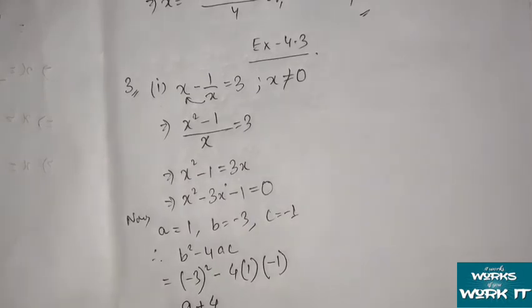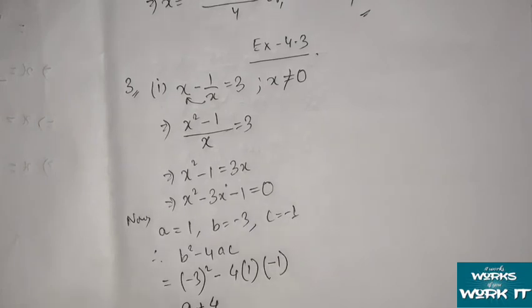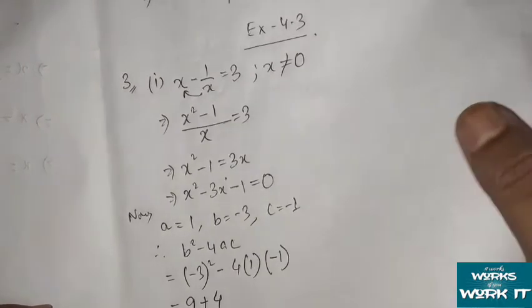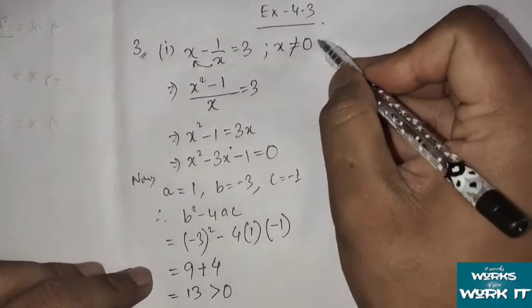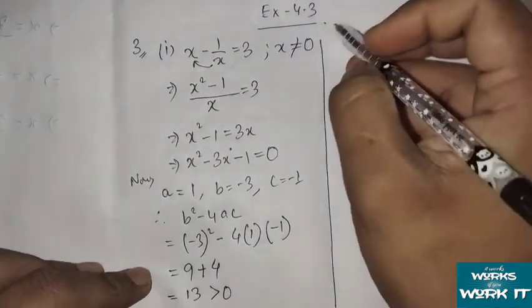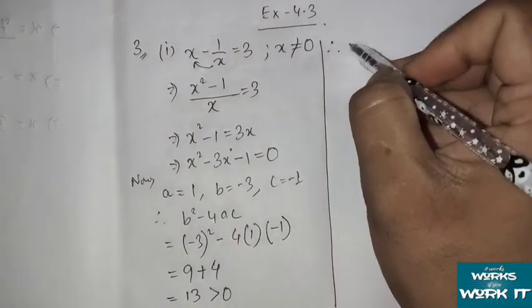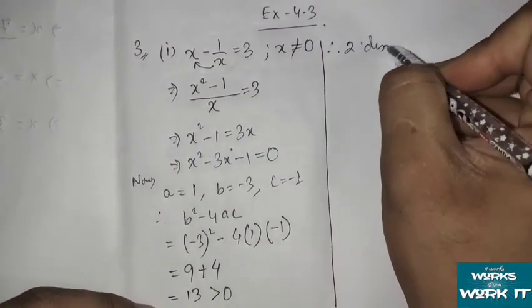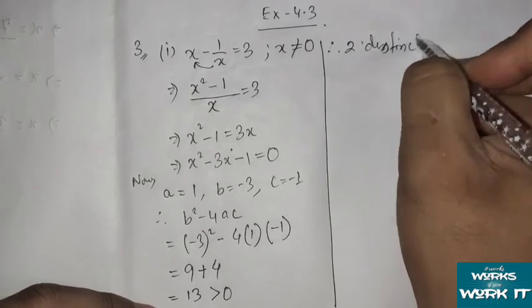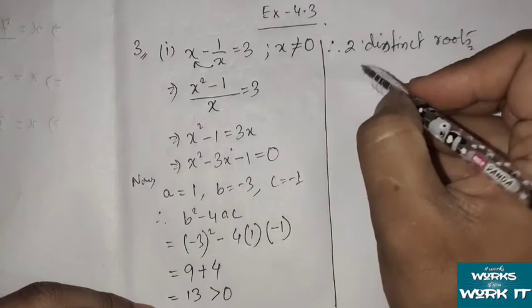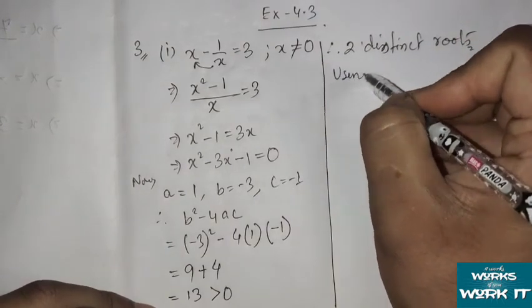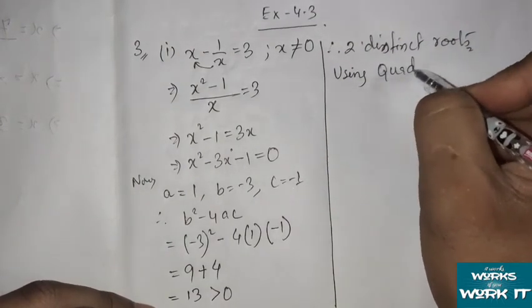Okay, so it gives us how much? 13, and 13 is greater than 0. So what we can say is that this equation has two distinct roots.